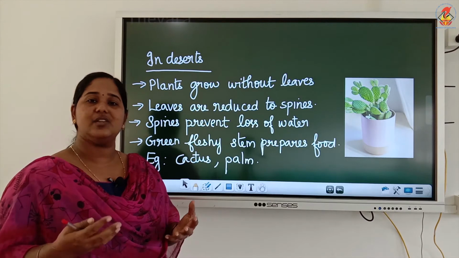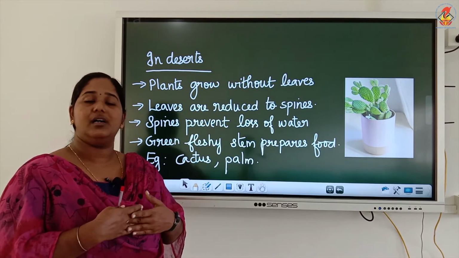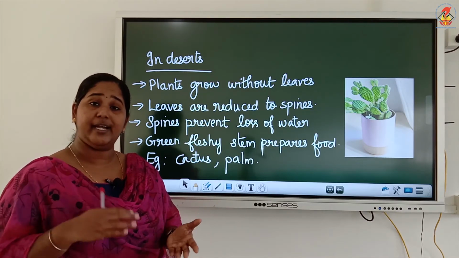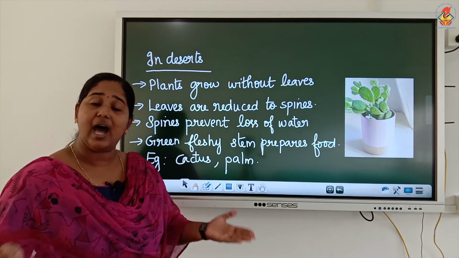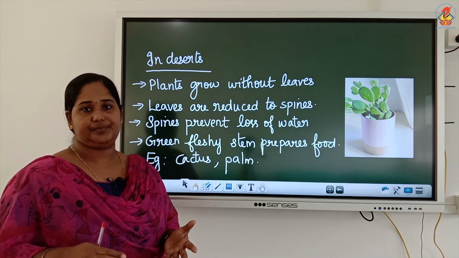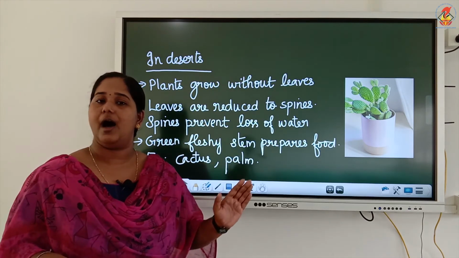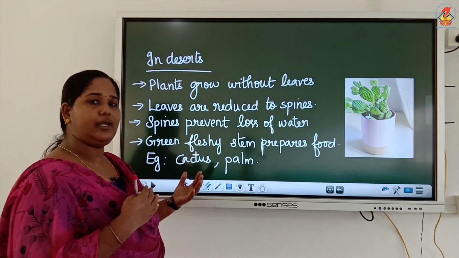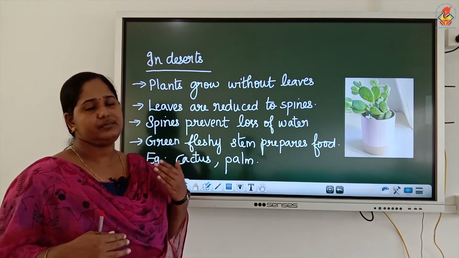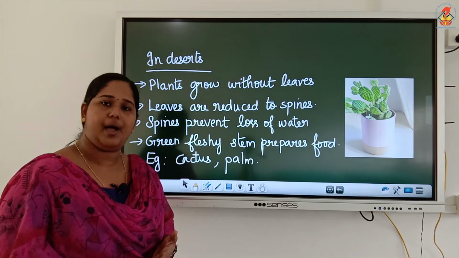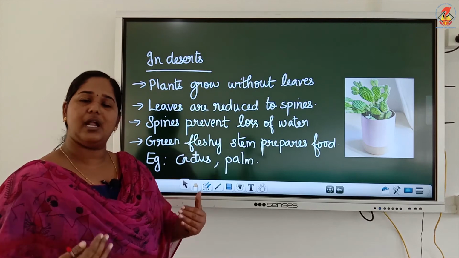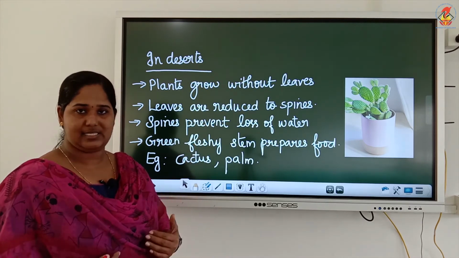So, that is the reason why it has very widely spread roots. Okay. So, the examples are cactus, palm and others. Mainly we talked about cactus, but the properties are almost the same for palm also. So, this is all about plants that grow in deserts.